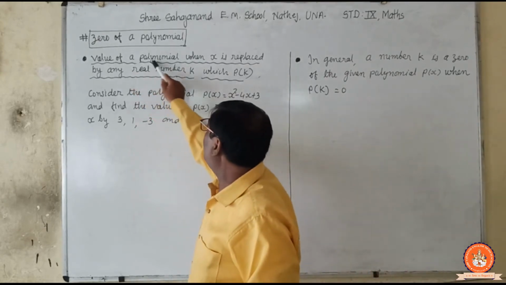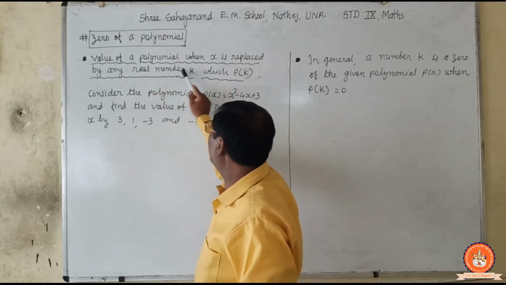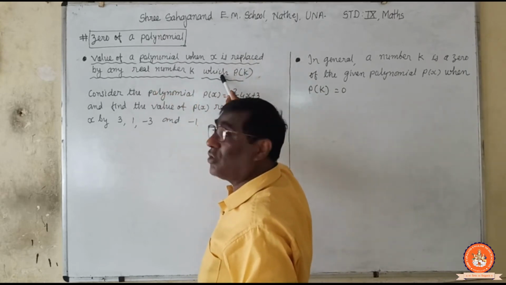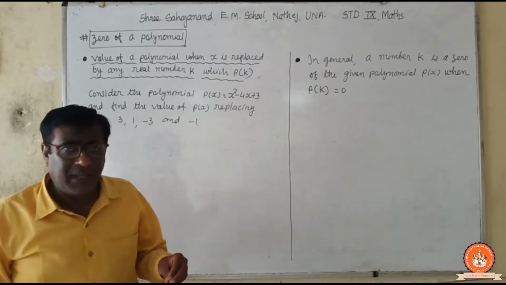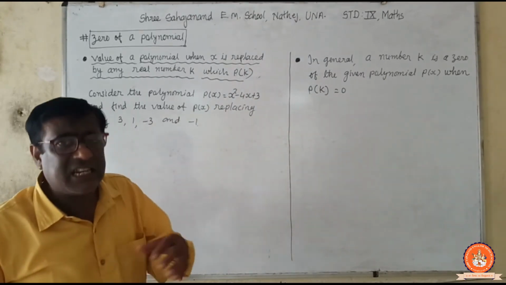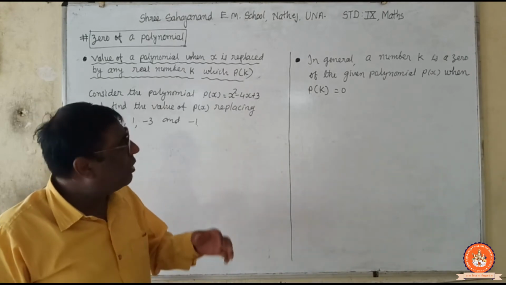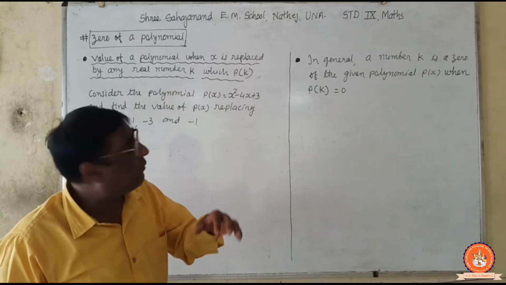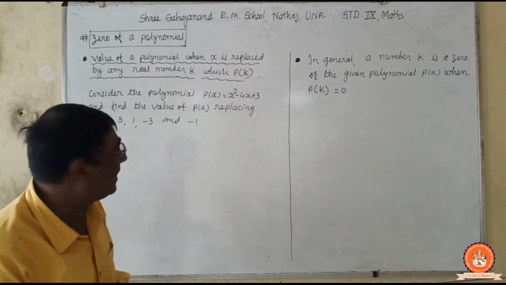So, the value of a polynomial when x is replaced by any real number k is known as p of k. In a polynomial, we put a real number in place of x, and we get a value of the whole polynomial. So this is the first part.